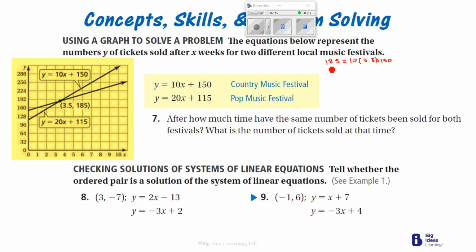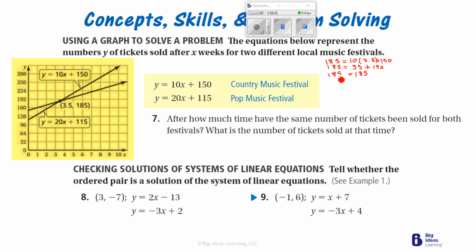And if we work this, 10 times anything, just move the decimal over, so this is 35 plus 150. And 35 plus 150 is 185. So that's a true statement.